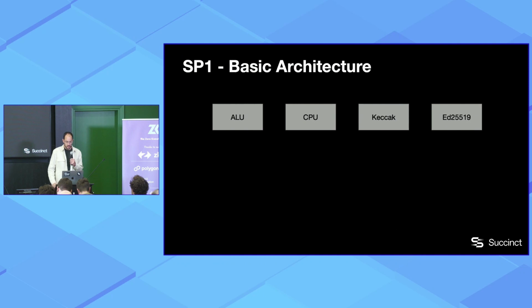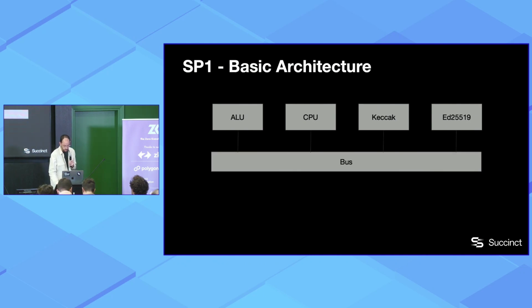And the missing link for them is that they communicate through a bus. I'll later explain how it's implemented, but basically every table can send arbitrary tuples of information into the bus with a certain multiplicity.